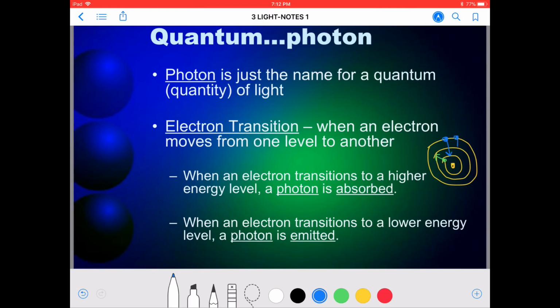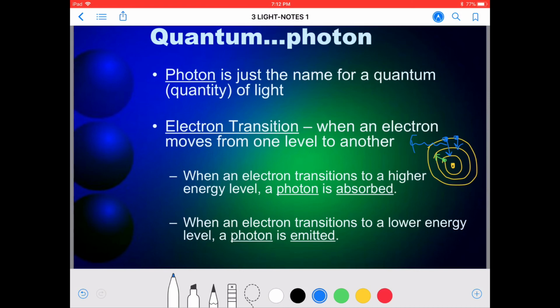Maybe it just goes to this one. But regardless, when it comes back down, light is being emitted from the electron, or from the atom. So a photon is being emitted when the electron moves closer to the nucleus.